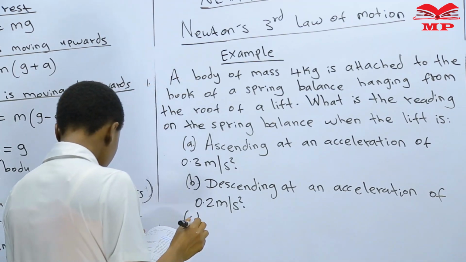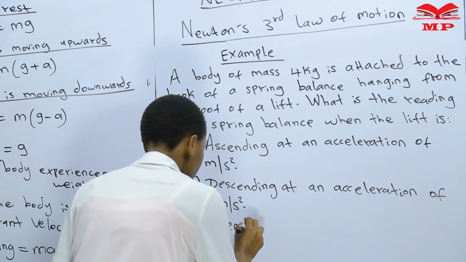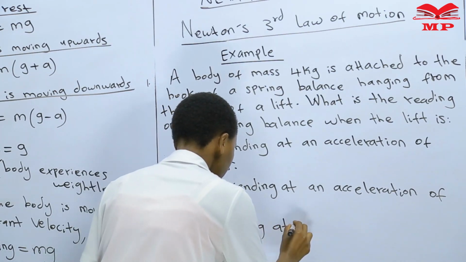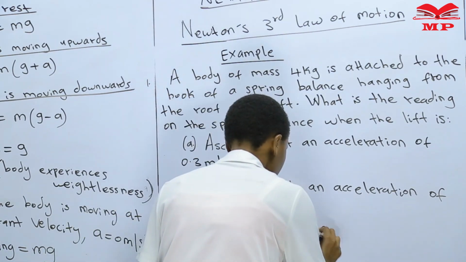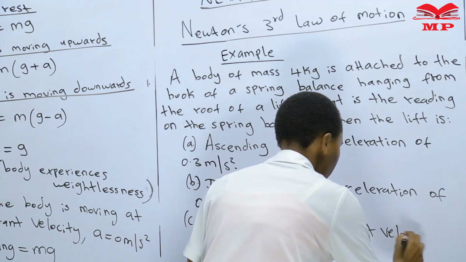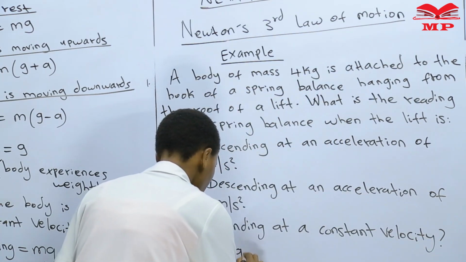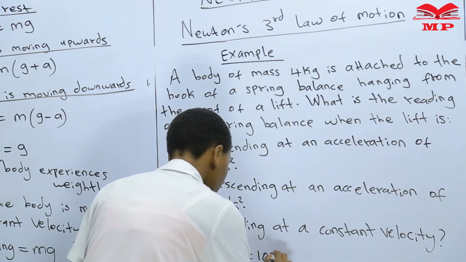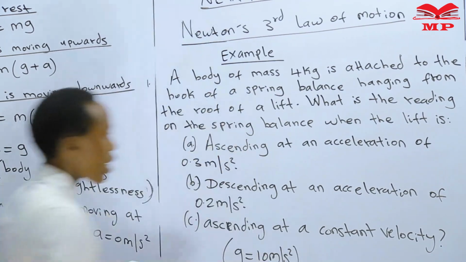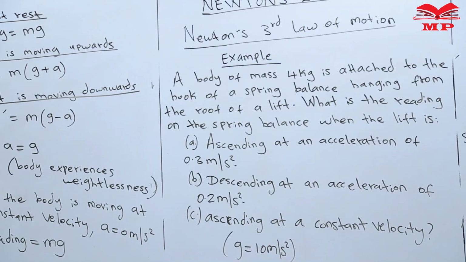And finally C, when it is ascending at a constant velocity. And we have been given that the value of g is equal to 10 meters per square second.